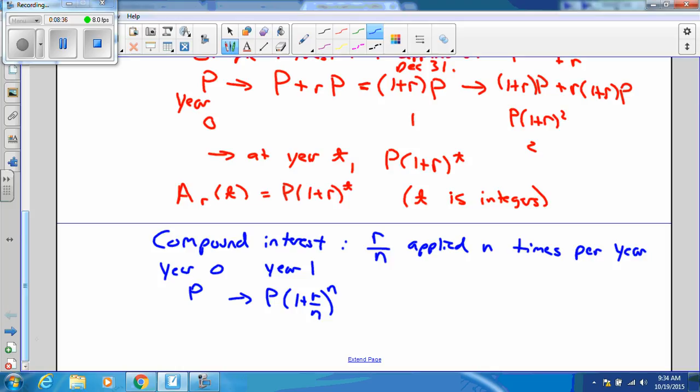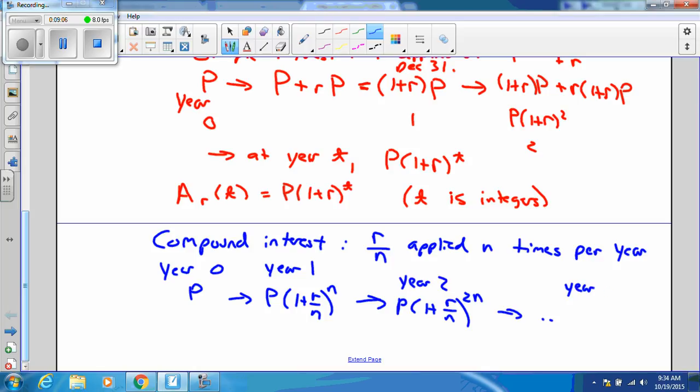So that what you end up with is actually interest on the interest during that year. And the result is that your yield is slightly higher than it would have been if we just did simple interest. And at the end of year 2, what you end up with is P times (1 plus R over N) to the N squared, or to the 2N, and so on.